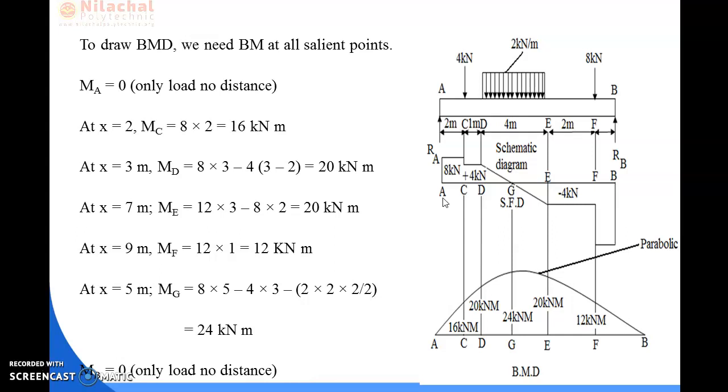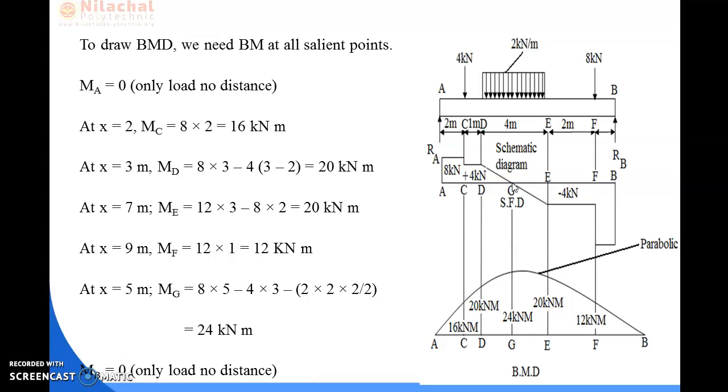For the moment calculation at point G, the RA value is 8 kilonewton, and the distance from point A to G is 5 meter, as we calculated before.